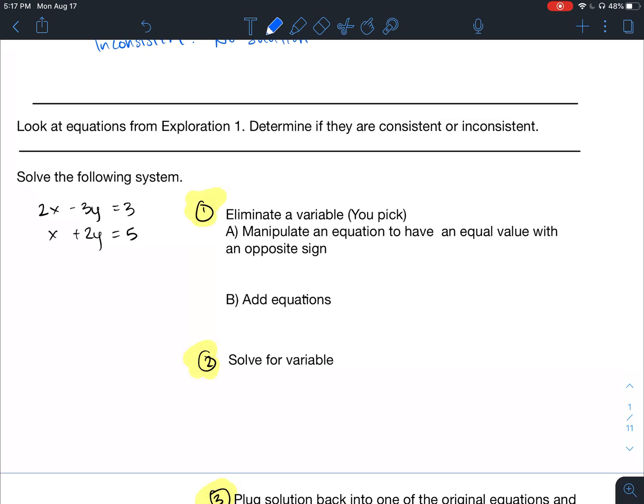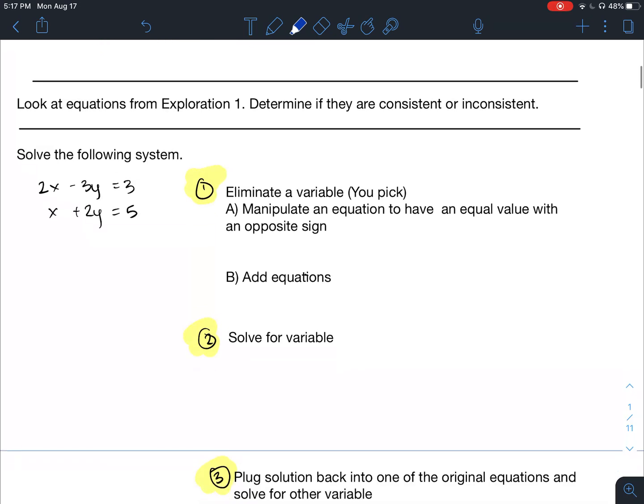To eliminate a variable, you get to pick which variable, whether it be x or y. That is up to you, but we have to be smart about it to make work easy. I'm a pretty lazy guy, so I like to make work as easy as possible. So I am going to find a variable without a constant. You see on that bottom equation, this x right here does not have a constant. That is going to make our life really easy to manipulate and add equations.